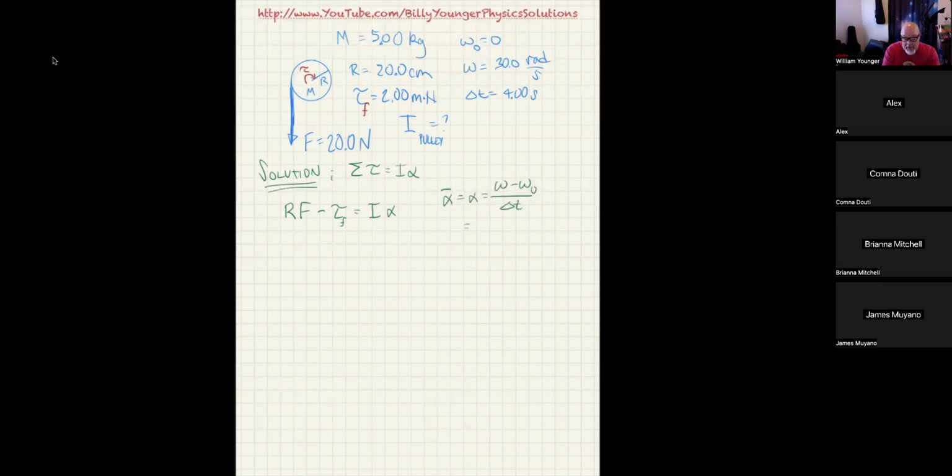We can see that that's going to be 30.0 radians per second minus 0 radians per second divided by 4.00 seconds. So clearly this is going to be 7.50 radians per second every second.